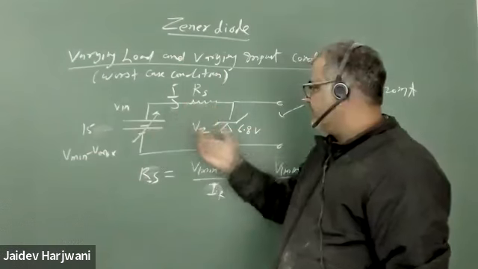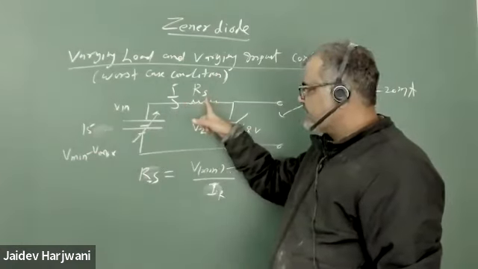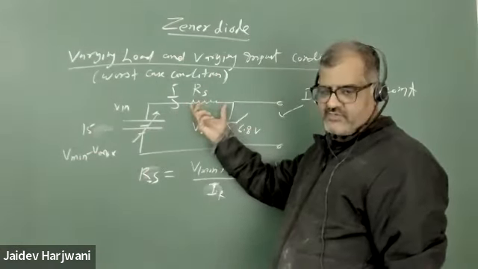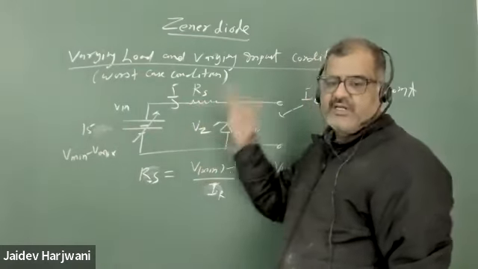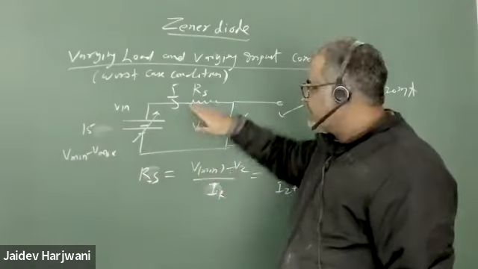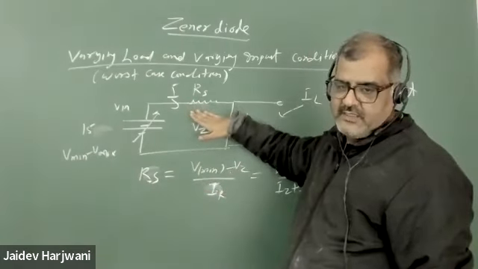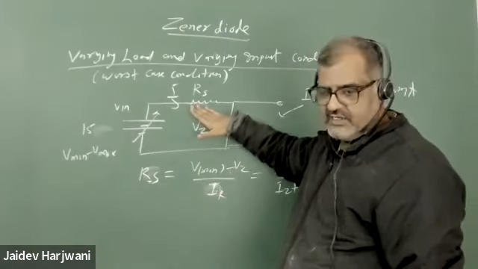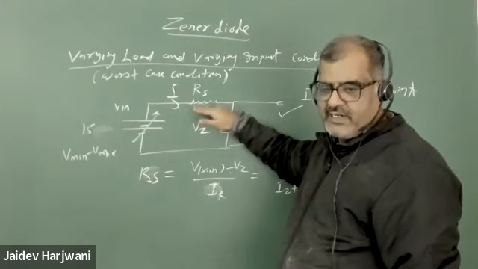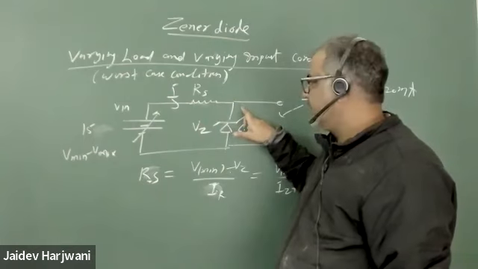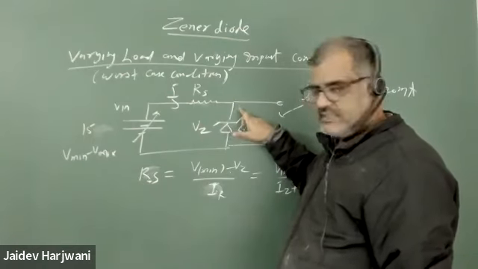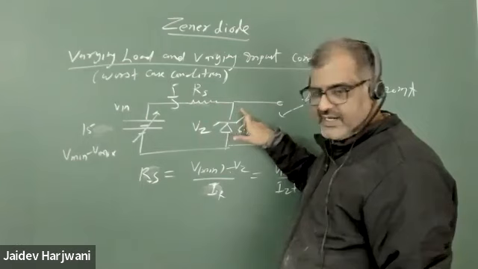If I keep on increasing this RS, the voltage drop across it will keep on increasing, and one condition will come where this diode will become non-conducting. So there is an upper limit of this resistance. If this resistance is more than this upper limit, then IZ will become 0. There should be a minimum current.